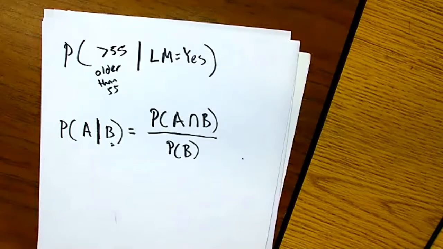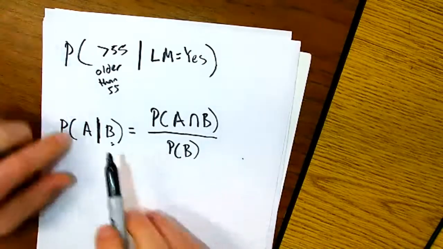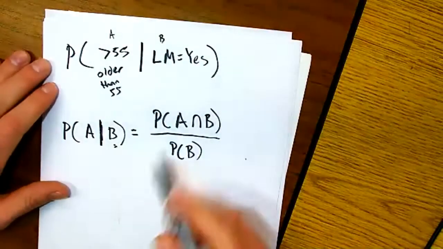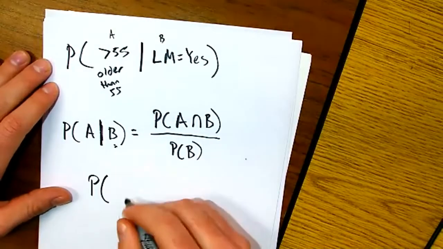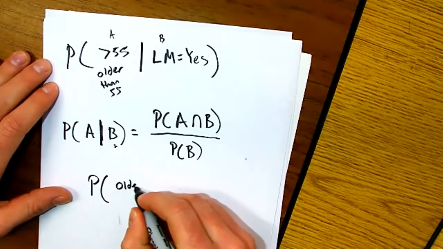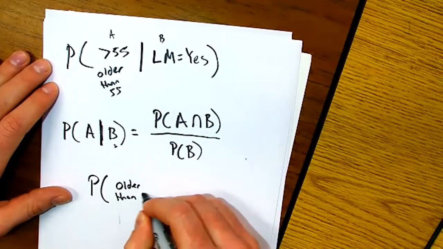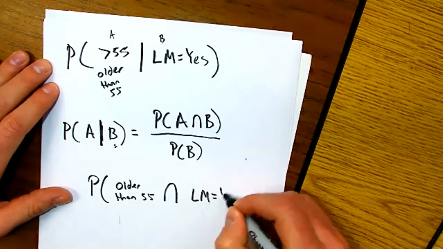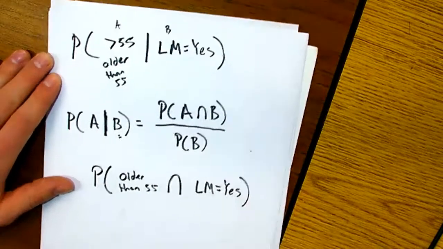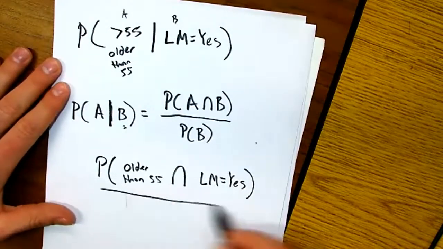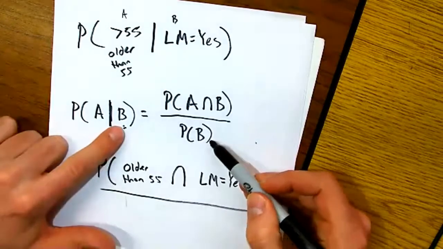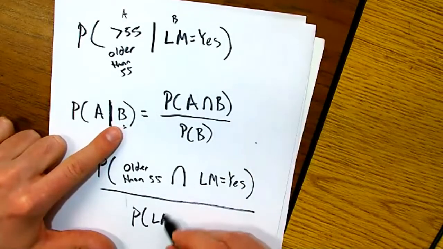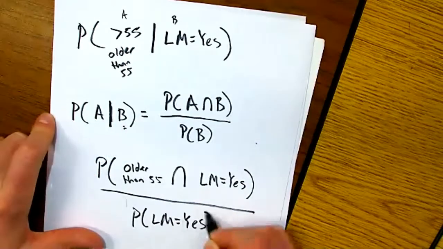So if I write this out in the context of my example, this is my A, this is my B, I'll find the probability that someone is older than 55 and wants marijuana legalized, divided by the probability of whatever I'm conditioning on, which was the probability that they wanted it legalized.